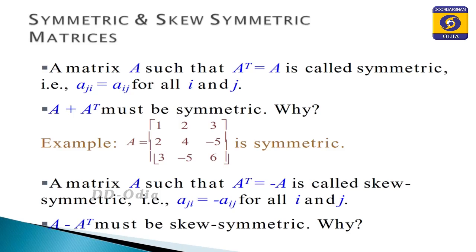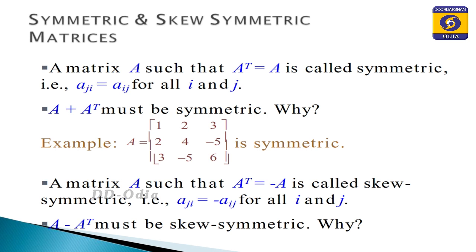Next is what is a symmetric and skew symmetric matrix. A matrix A is said to be symmetric if the transpose of A is equal to A. Also, A plus A transpose must always be symmetric. Here is an example. A is the matrix 1, 2, 3, 2, 4, minus 5, 3, minus 5, 6, which is a symmetric matrix.